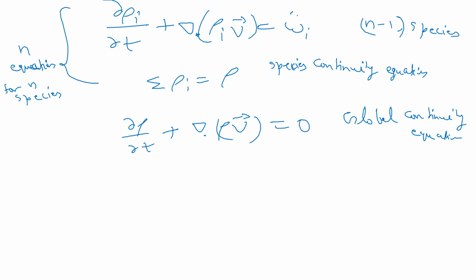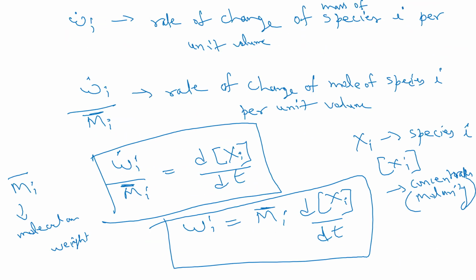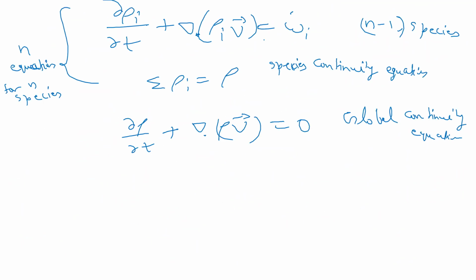In the species continuity equation, wi dot will be found from the chemical reaction, where wi dot is nothing but mi bar times d xi upon dt, where d xi upon dt will be found from the chemical reaction. The momentum equation will be given by rho dV by dt equal to minus del p. This is for inviscid flow. We are studying inviscid flow only currently.